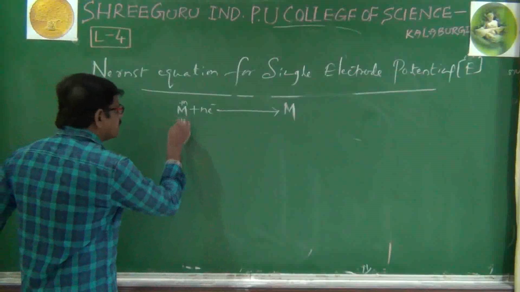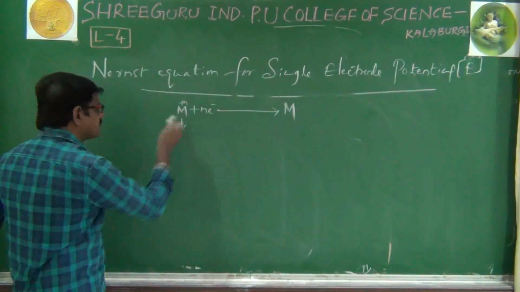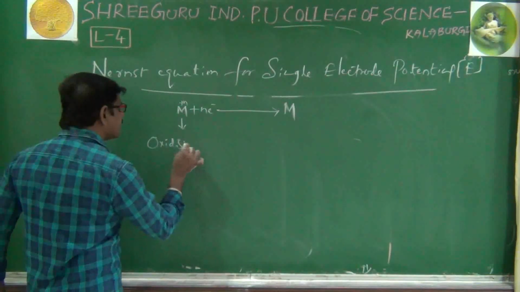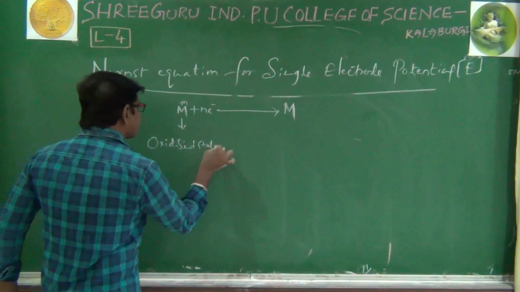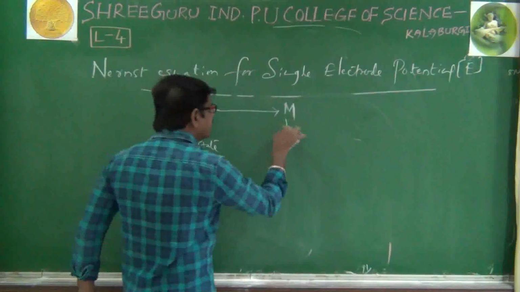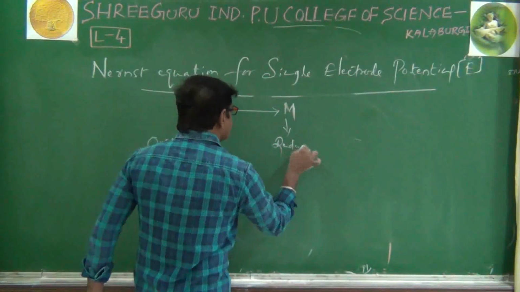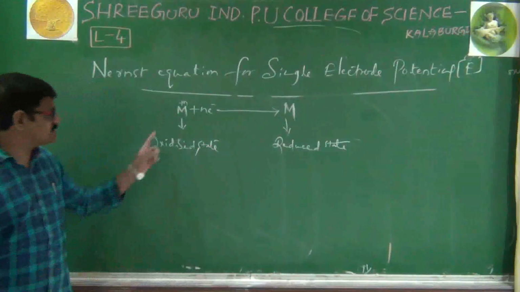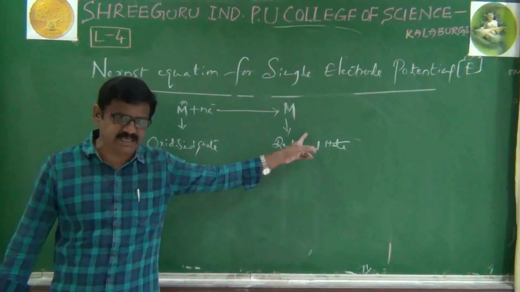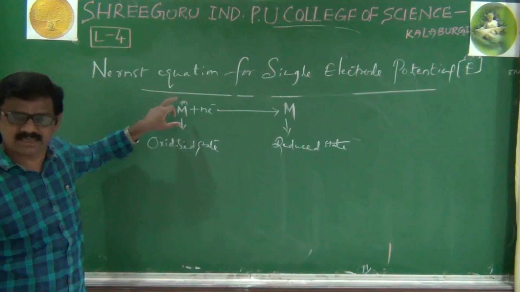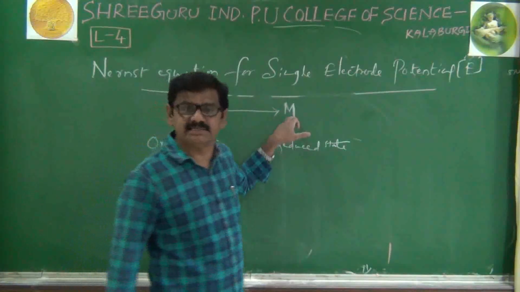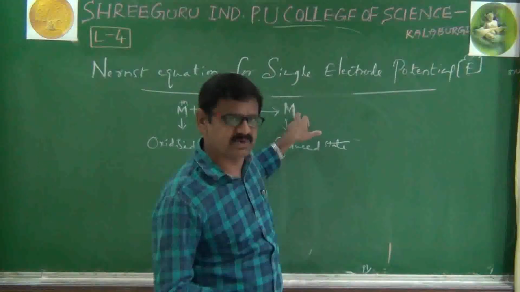In this, M plus N we can call the oxidized state, and M is the reduced state. What is the meaning of oxidized state and reduced state? Oxidized state is obtained after the oxidation process, and reduced state is obtained after the reduction process.